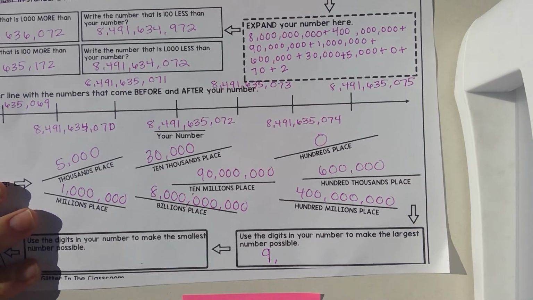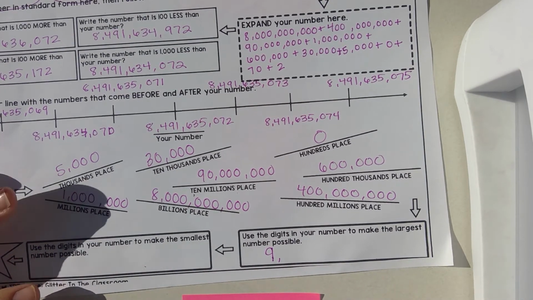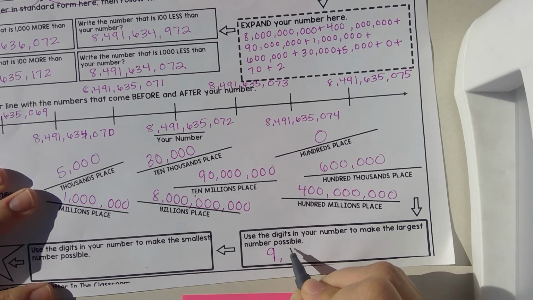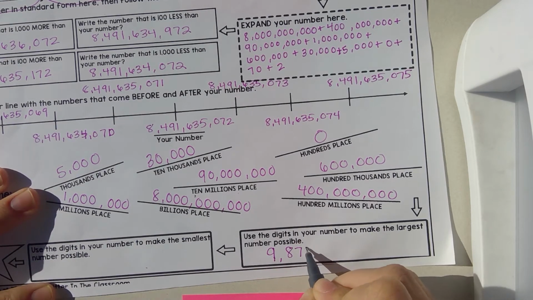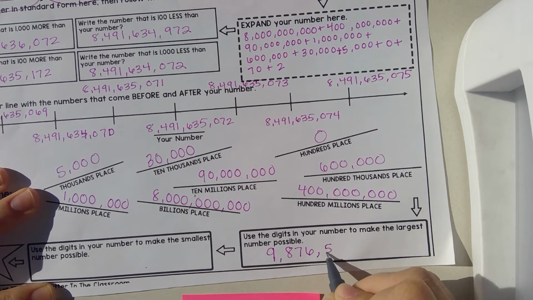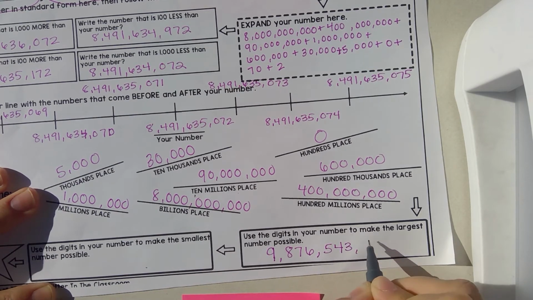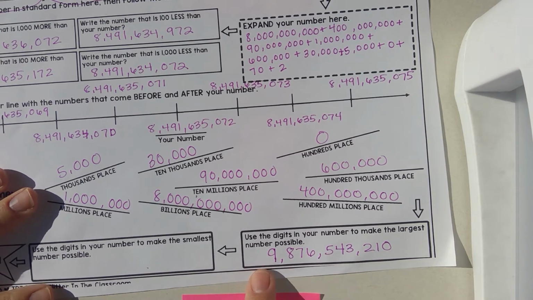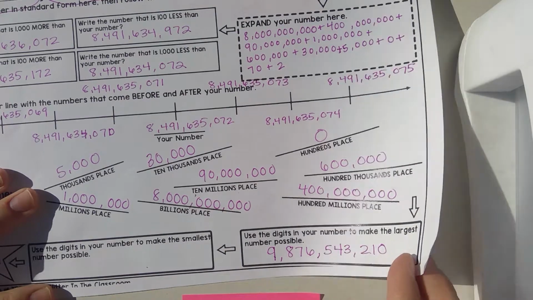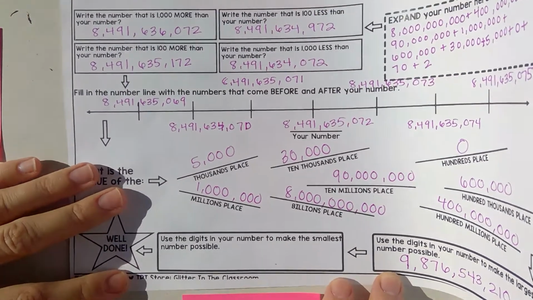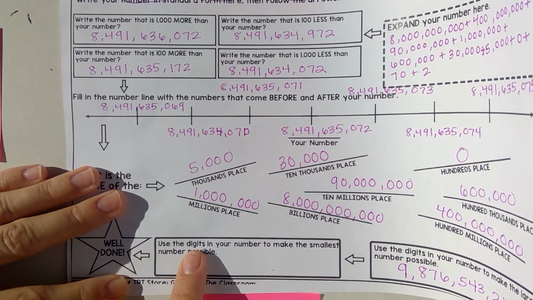Well, then you would want to keep putting your largest digit. So the next largest digit would be an 8, then a 7, then a 6. Then a 5, then a 4, then a 3, then a 2, then a 1, then a 0. So that's my largest. 9,876,543,210.